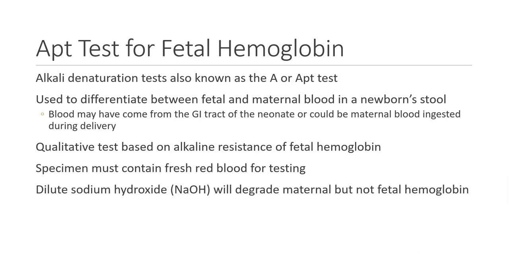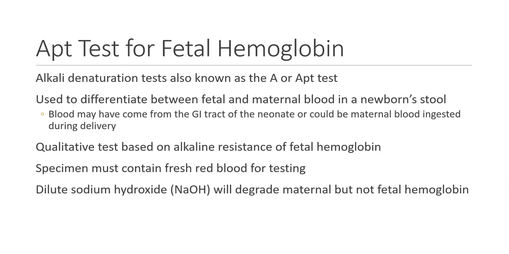This is used to differentiate between fetal and maternal blood in a newborn's stool. The blood may have come from the GI tract of the neonate or could be maternal blood ingested during delivery. So it's very important to differentiate the two. It's a qualitative test based on alkaline resistance of fetal hemoglobin. The specimen must contain fresh red blood for testing, and dilute sodium hydroxide will degrade maternal but not fetal hemoglobin.